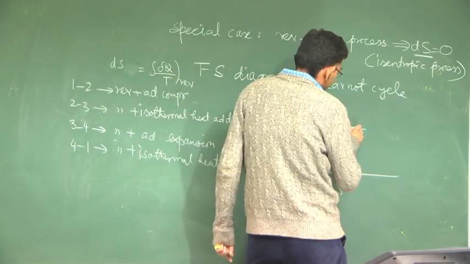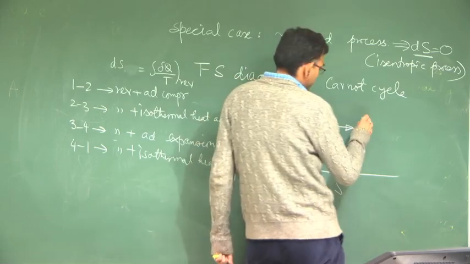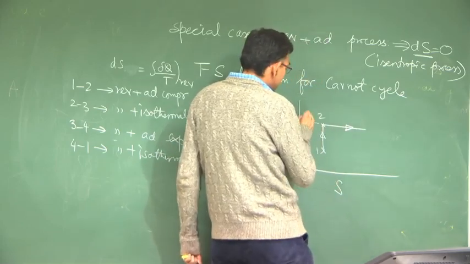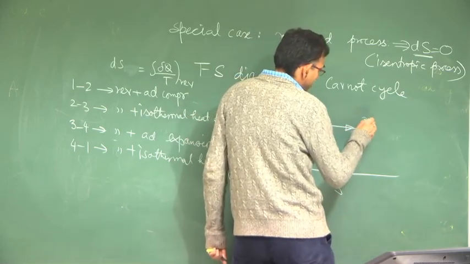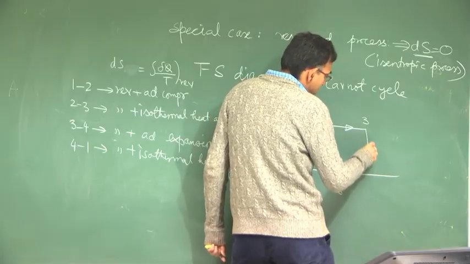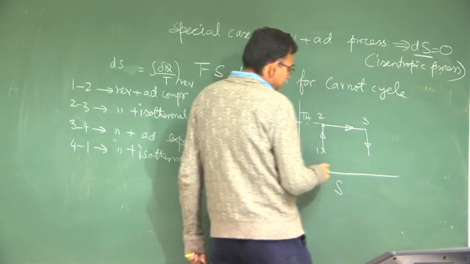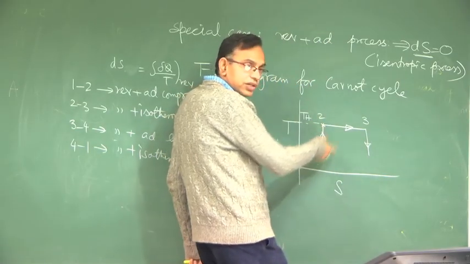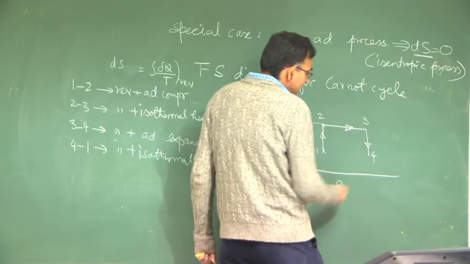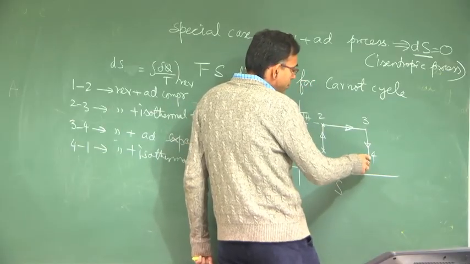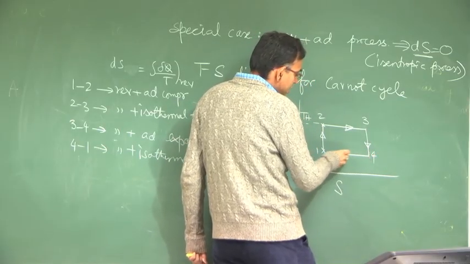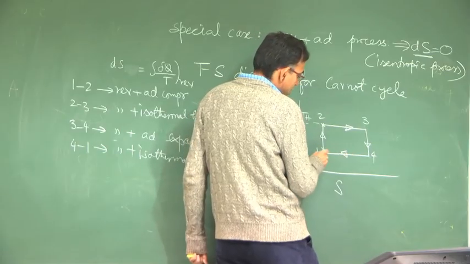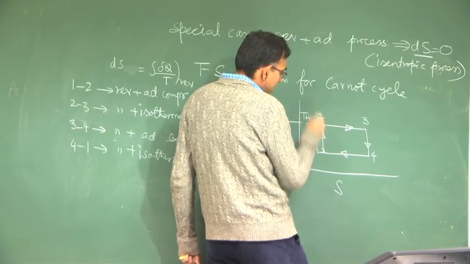So entropy increases at constant temperature, this is TH. Then reversible adiabatic expansion, expansion is just opposite to compression. So it will be like this, where entropy remains constant, and heat rejection is just opposite to heat addition, and this takes place at TL.